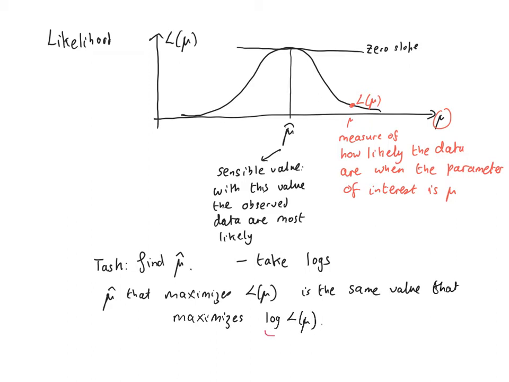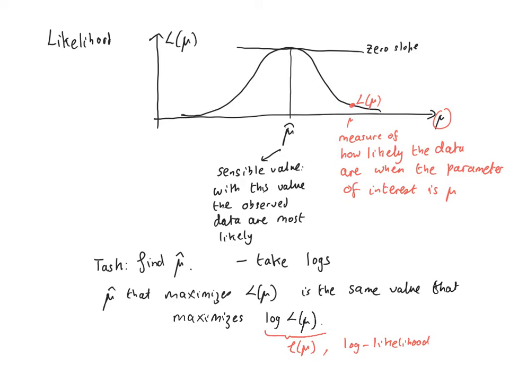And log of big L of mu is written little l of mu, and that's referred to as the log likelihood. So when we're wanting to maximize this likelihood function, it's mathematically easier to maximize the log likelihood function.